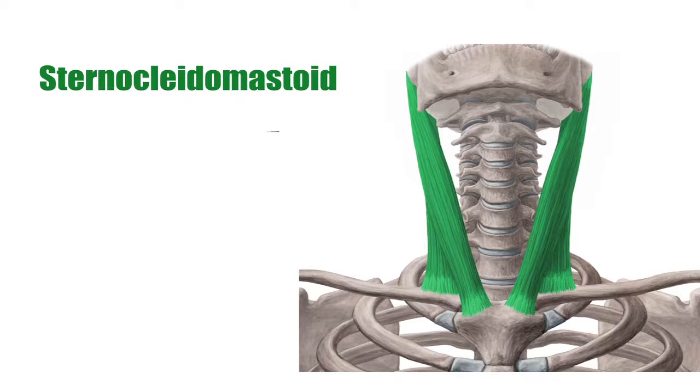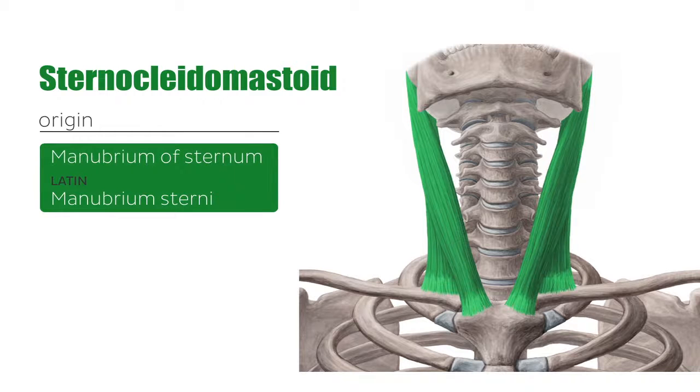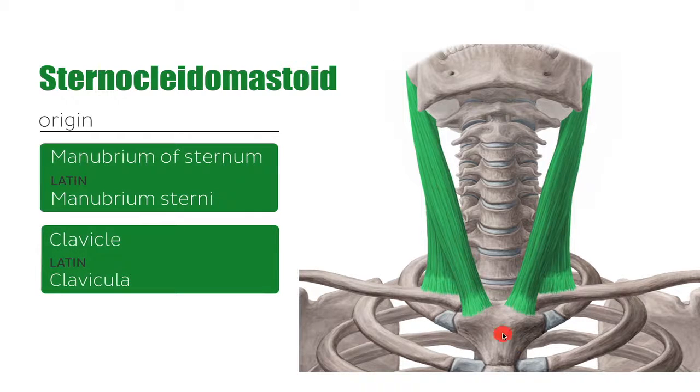Now, in terms of the origins for the sternocleidomastoid muscle, this muscle has two heads, a sternal head and a clavicular head. The sternal head originates from the manubrium of the sternum, as you can clearly see here from this image, while the clavicular head originates from the medial third of the clavicle, as you can also see here.